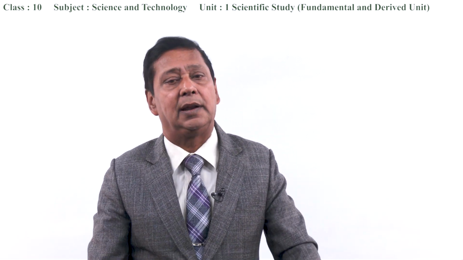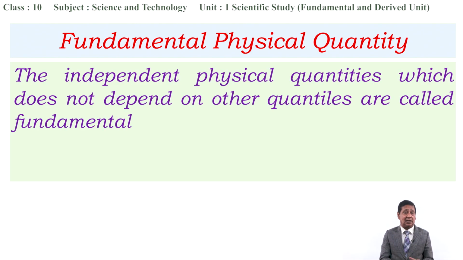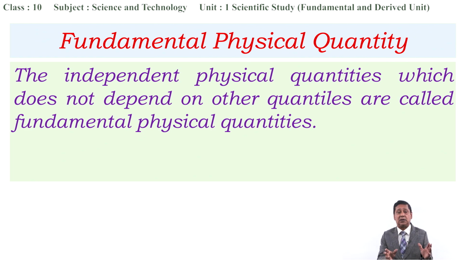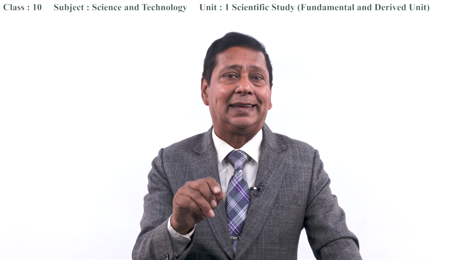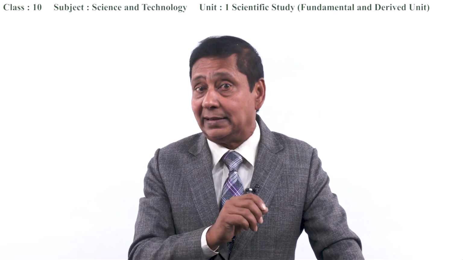Let's talk about fundamental physical quantities. The independent physical quantities, which do not depend on other quantities, are called fundamental physical quantities. Very easy, isn't it? We can understand it this way: kilogram cannot be made by second.